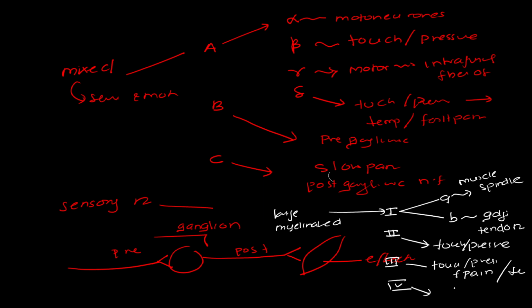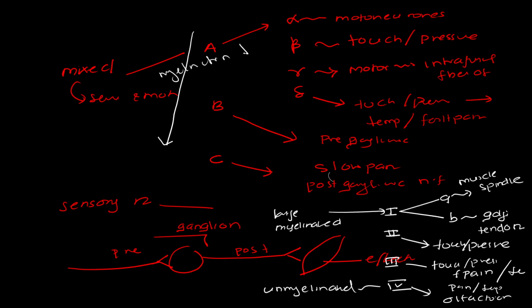Number 4, type 4 sensory nerves, which are the slowest and unmyelinated, are found carrying sensory information of pain, temperature, slow pain, and olfaction. So the smell. Now what happens from A to B to C is the myelination usually reduces. Rate of conduction usually reduces.